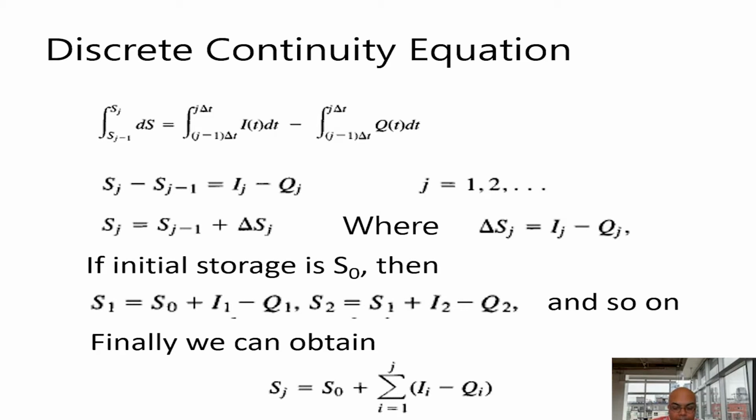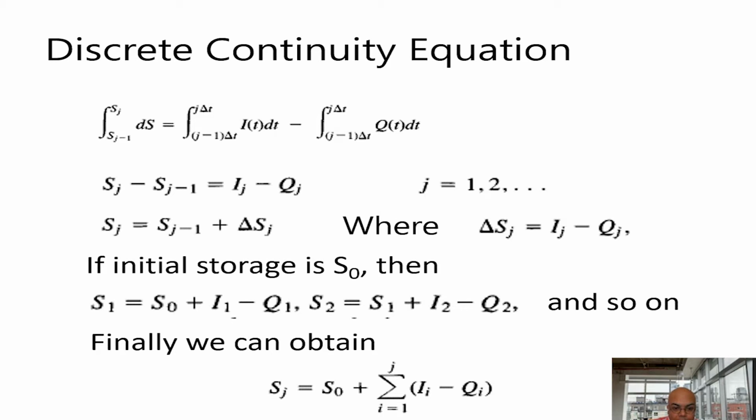And this j, because it is a continuous function, I mean, when we apply this equation for a flood hydrograph or anything, it is a continuous curve. Then we integrate it from indices 1, 2, and so on until j, where j is the current time. So we can write S1 is equal to S0 plus I1 minus Q1, where S0 is the initial storage, which in most cases is 0.